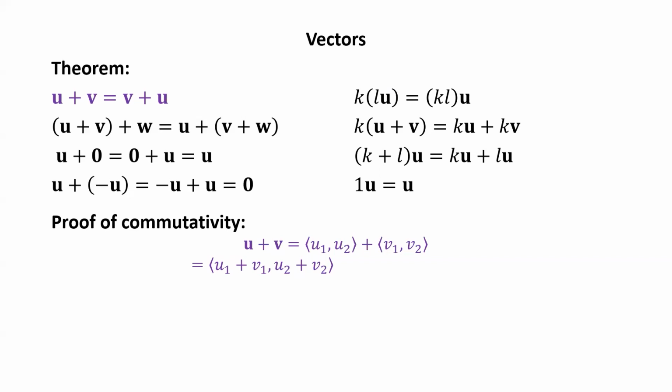So we could use properties of real numbers. In particular, we could use the fact that addition of real numbers is commutative to rewrite u1 plus v1 as v1 plus u1, and u2 plus v2 as v2 plus u2. Then we could use the definition of addition once again to split this up as <v1, v2> plus <u1, u2>, which is precisely v plus u. And we have successfully proved the commutativity of vector addition in 2 space.